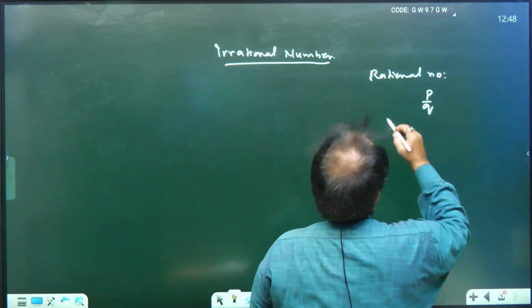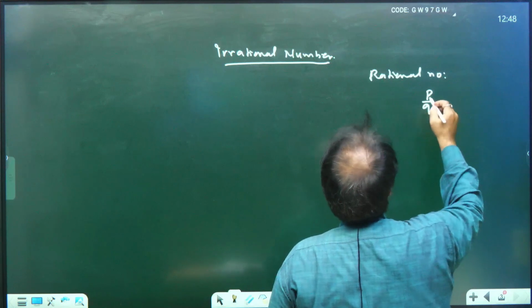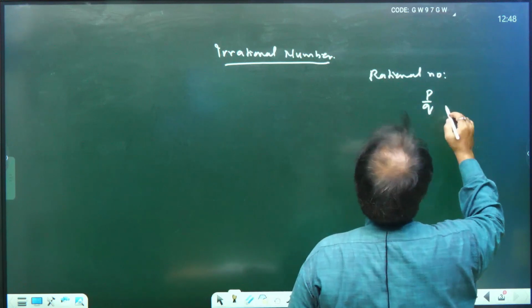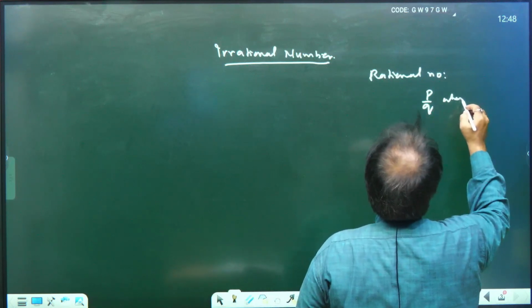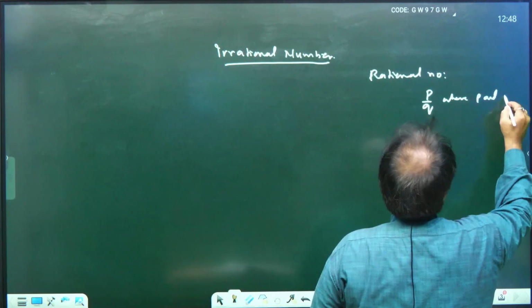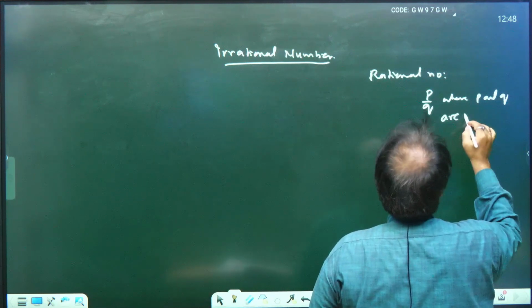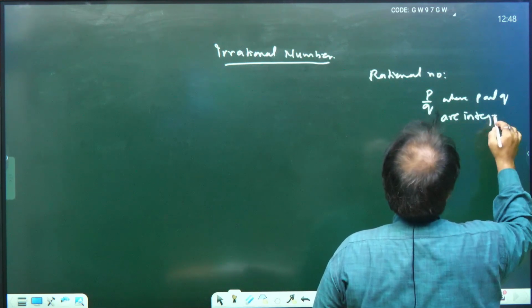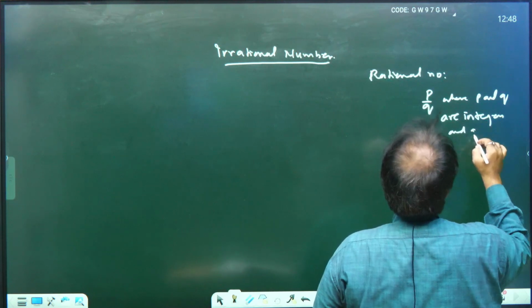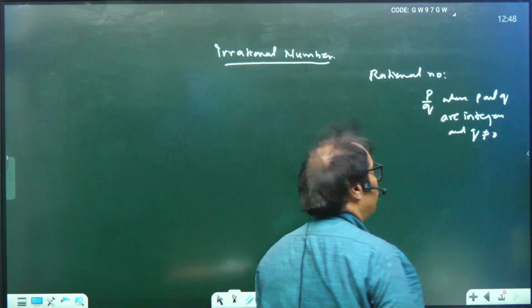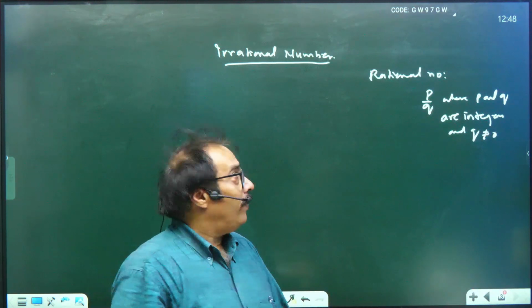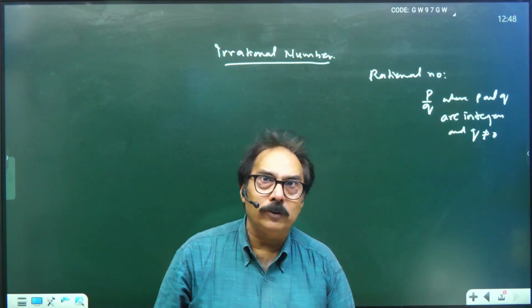Every rational number is in the form of p by q, where p and q are integers, and q should not be equal to 0, right? Do you know why q should not be equal to 0?